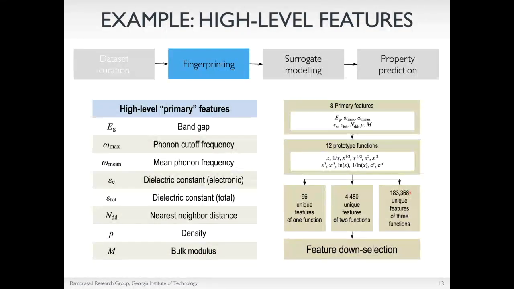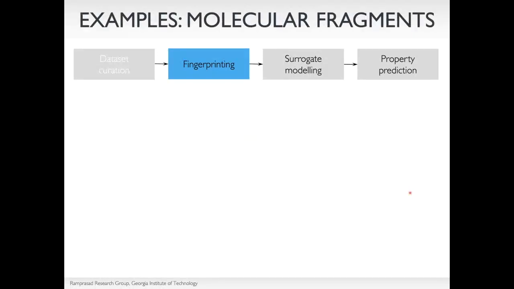So now you can do down selection. You can throw away things that are not required, keep only the things that are non-redundant and relevant. And there are ways to do that. We're not going to get into that. I'm just saying how one would go about crafting features, right? So this is one example. I'm going to show 2 other examples, and then I'll ask you if you have any questions.